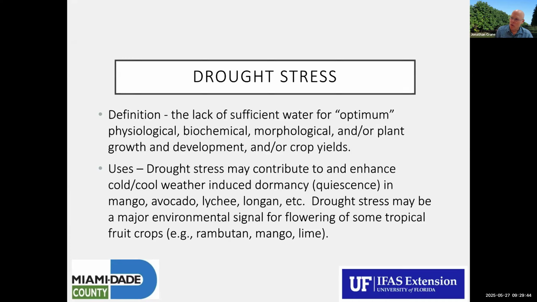And if you have some drought stress, and I don't mean severe drought stress, but mild to moderate drought stress, it enhances that dormancy. And so it can be a contributing environmental factor for when things warm up and the trees get access to water or irrigation in the spring, that it will enhance the flowering response.